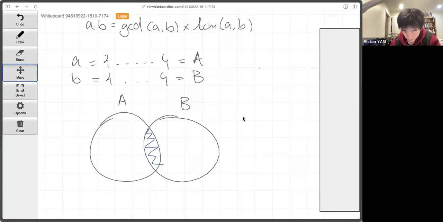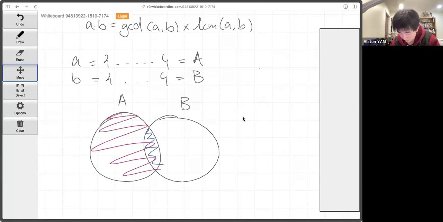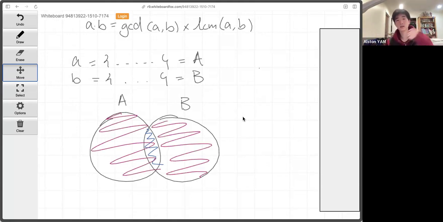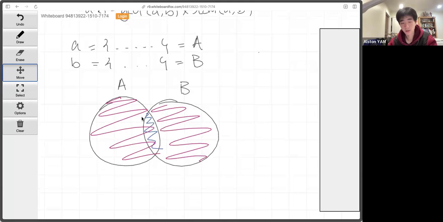And the LCM, I think I'll use red, is this entire region shaded by red. Okay. And we also know that if we have the number A times B, what I'm doing is grabbing all of the elements in big set B and combining it with the elements in big set A.